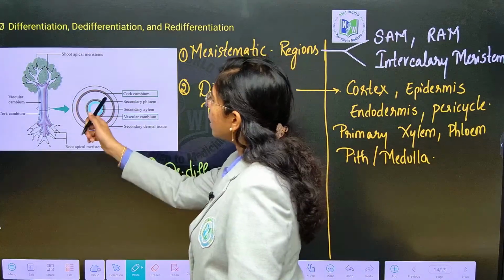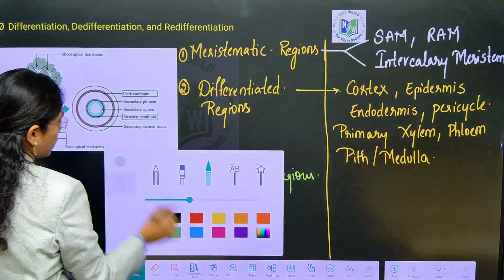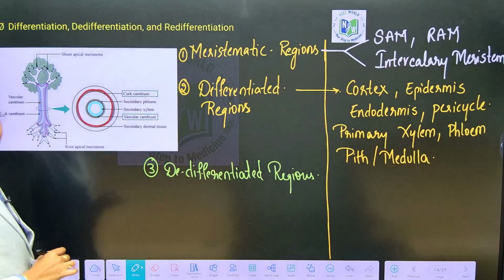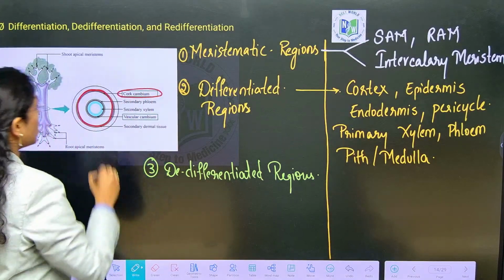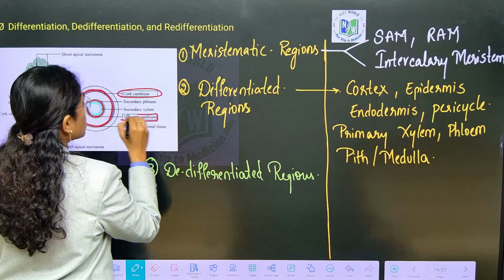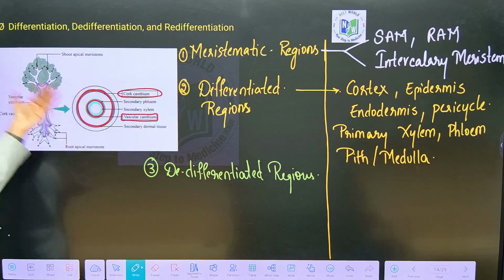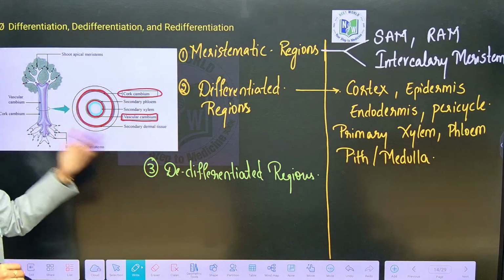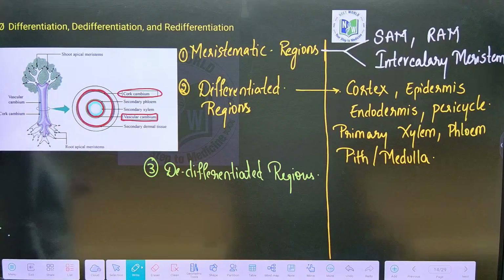For this, the tissue which is giving rise to the meristematic activity in the cortex region is addressed as cork cambium, and in the stellar region the tissue which is giving rise to the meristematic activity is addressed as vascular cambium. The tissue which is conducting the cell division activity again in the cortex region is addressed as cork cambium, and the tissue which is conducting the division growth again in the stellar zone is addressed as vascular cambium.